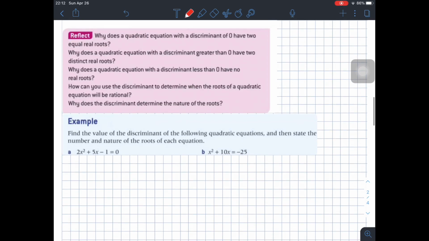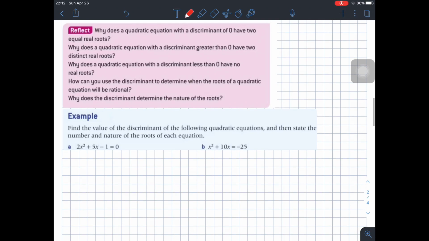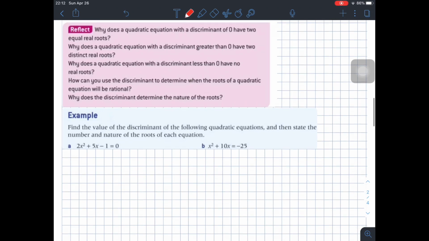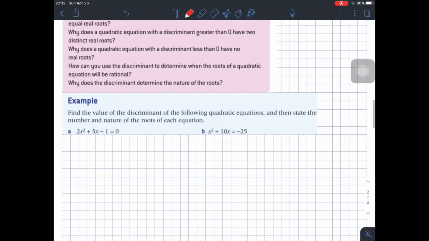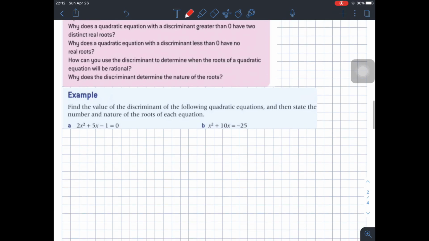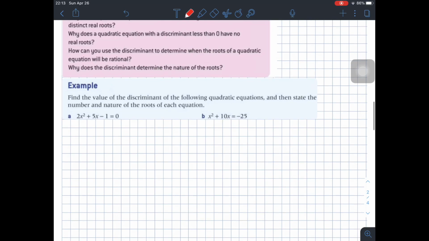Then, how can you use the discriminant to determine when the roots of the quadratic equation will be rational? Basically, rational means that it's not imaginary, and that's whenever the discriminant is greater than or equal to 0, then the roots will be rational. Finally, why does a discriminant determine the nature of the roots?